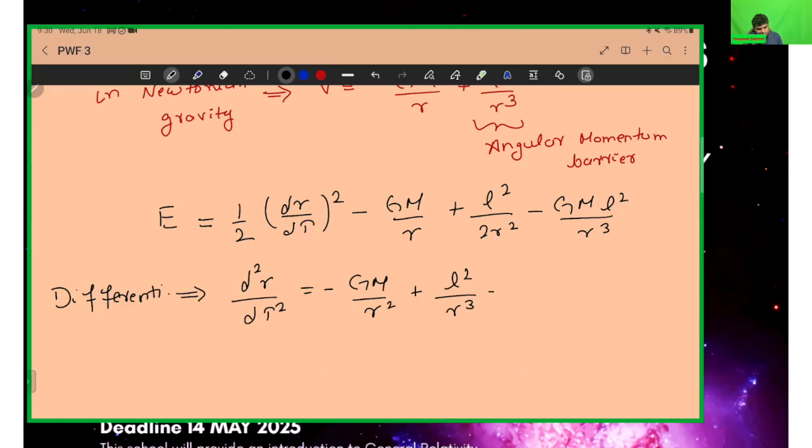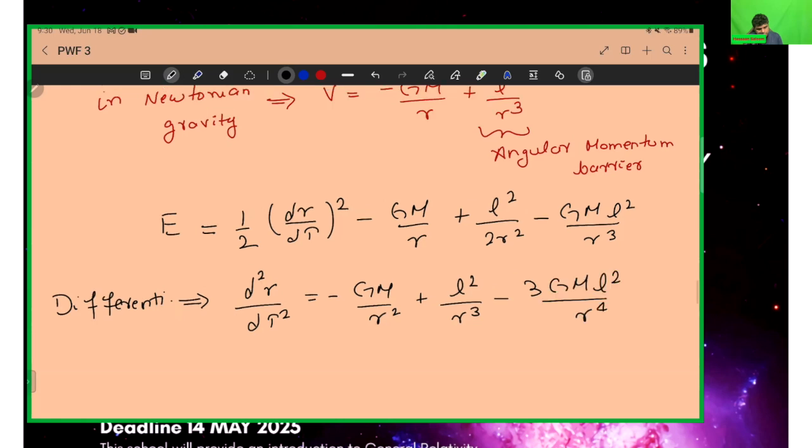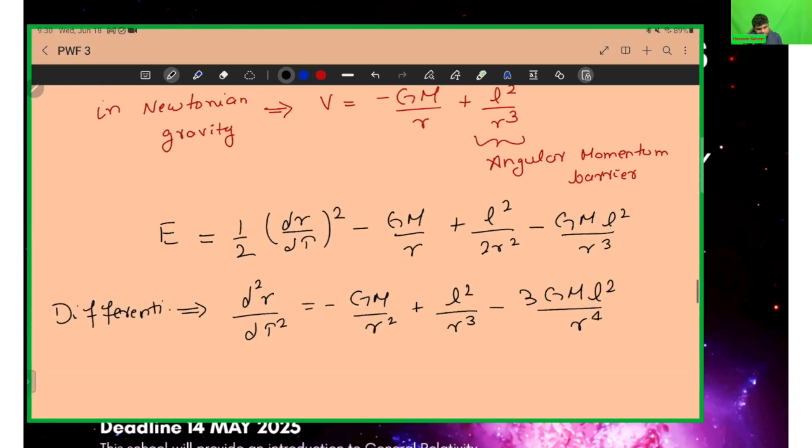Now you see the first two terms that you're getting here are exactly the terms that you get in Newtonian gravity, right? But there's an extra term that you get in the Schwarzschild geometry. So this is like a correction to Newtonian gravity when you talk about the full general relativity.